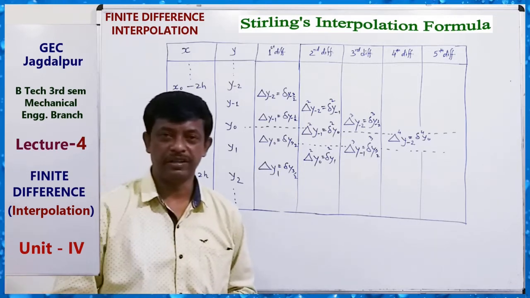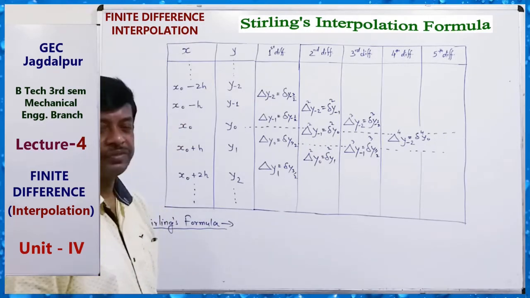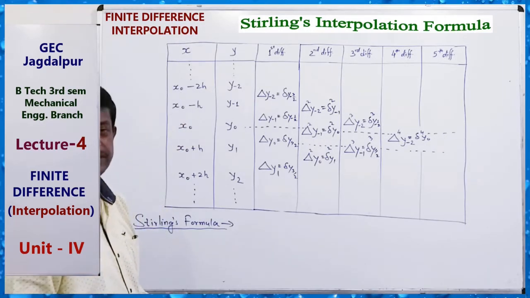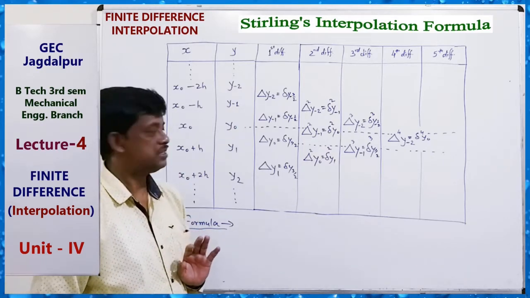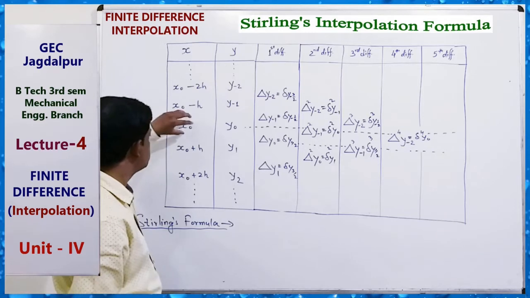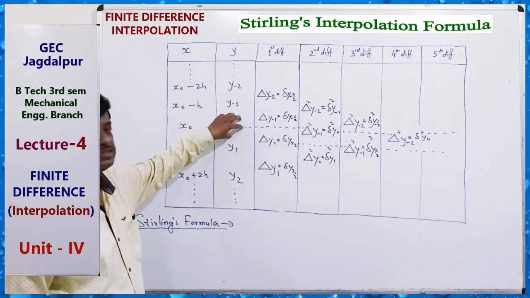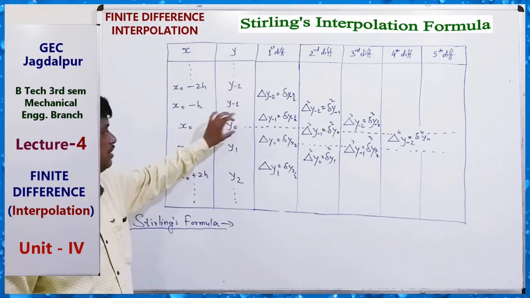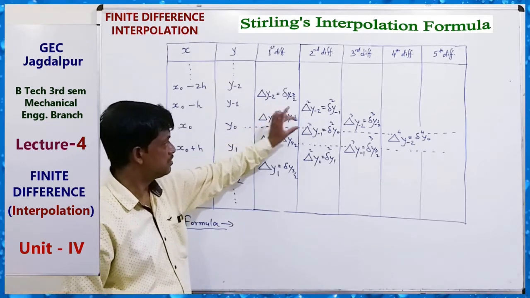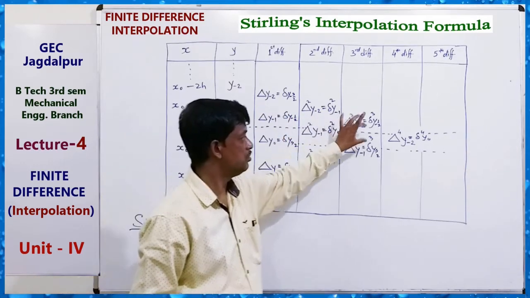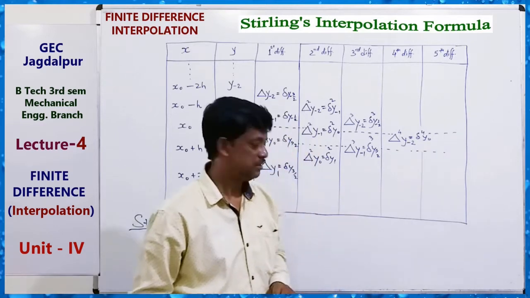So remember one thing, that here, for Stirling formula from the table, if this is the origin, then first take the first entry and then the average of these two, and then a single, and then average up to, then single, then average up to, and then single. Just like this.